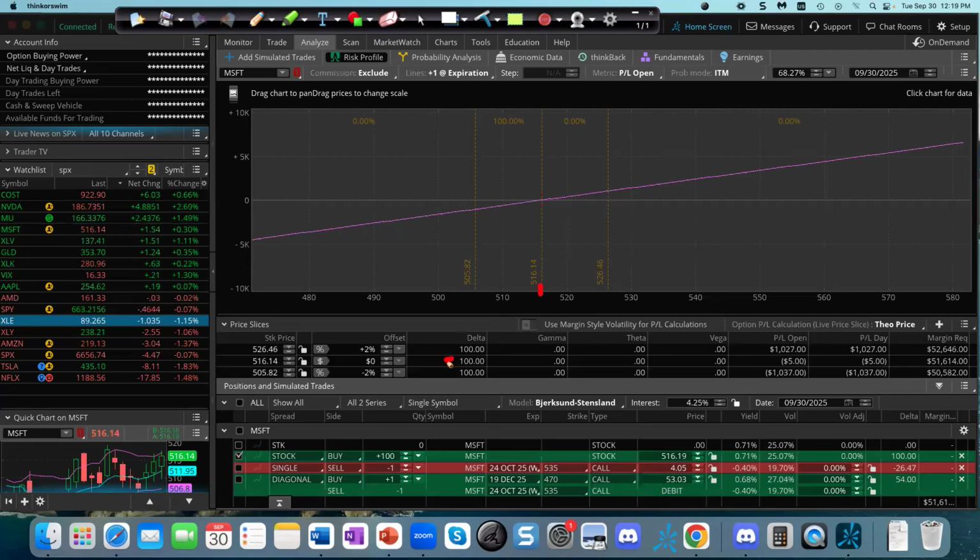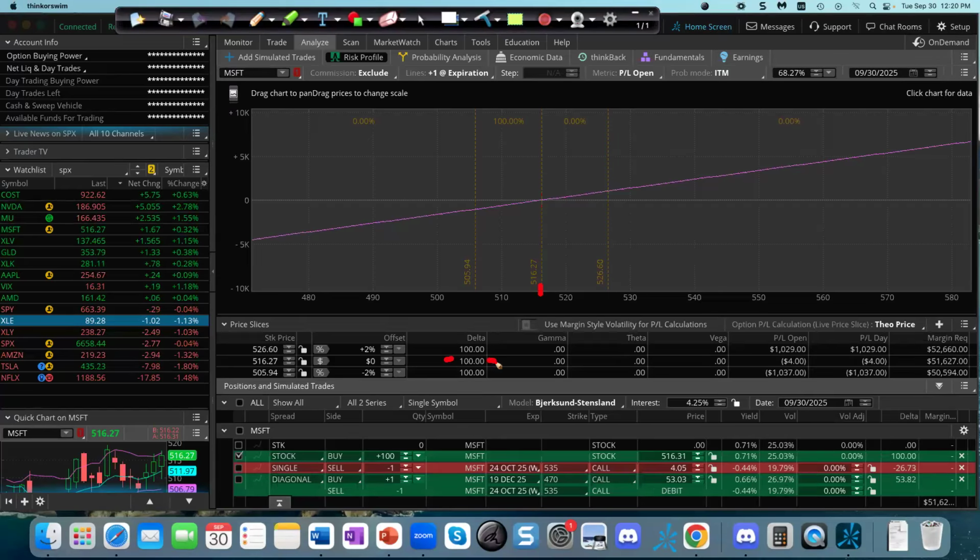It has a delta of 100 because if you own 100 shares, it doesn't change unless you sell it out, whether it goes up $30 or $2, you have 100 shares of stock. Whether it goes down $2 or $30, you have 100 shares. On the upside, you're making $100 every point, on the downside, you're losing $100 every point. And you can see it has a 100 delta.